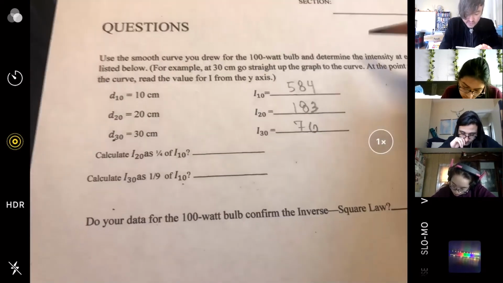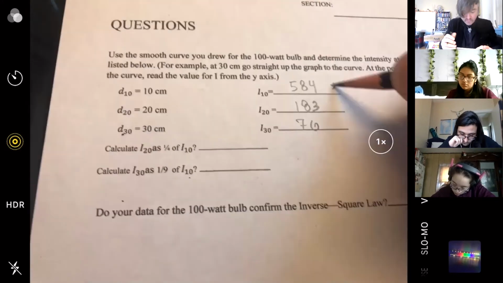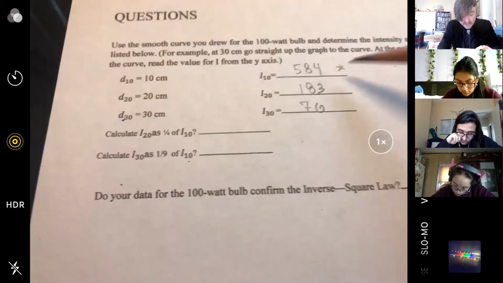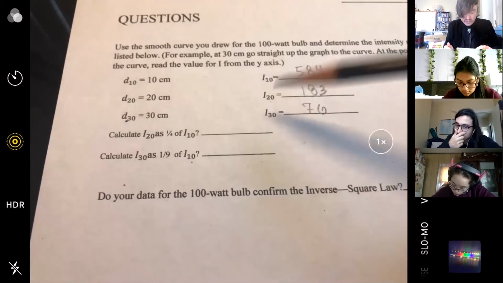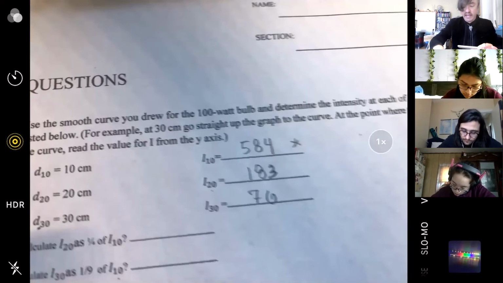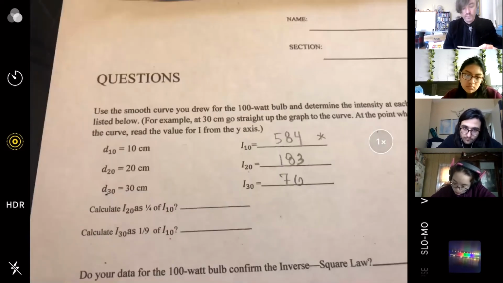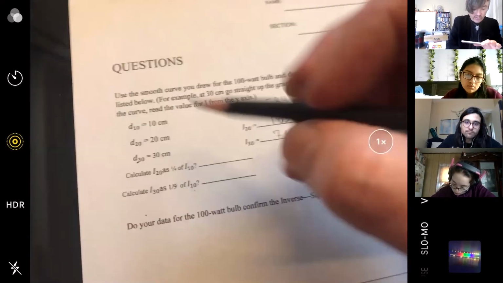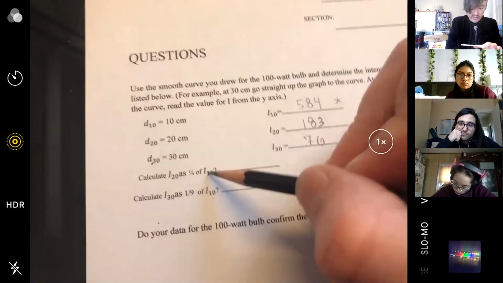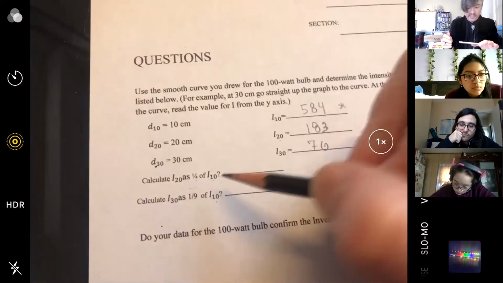Let's say we use this as a reference intensity. If we were to double the distance from 10 centimeters to 20 centimeters, what would the inverse square law predict the intensity should be? Here, we're going to predict what 1/4 of I sub 10 should be.